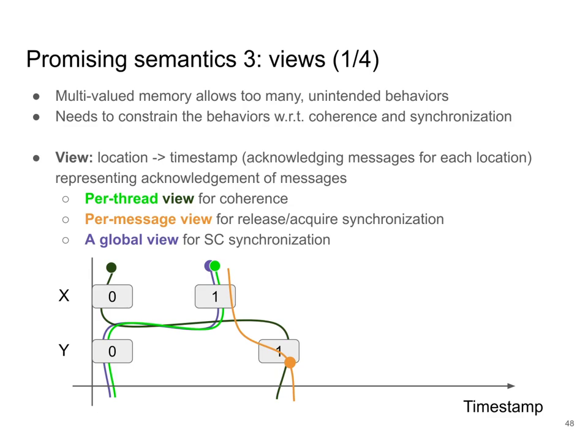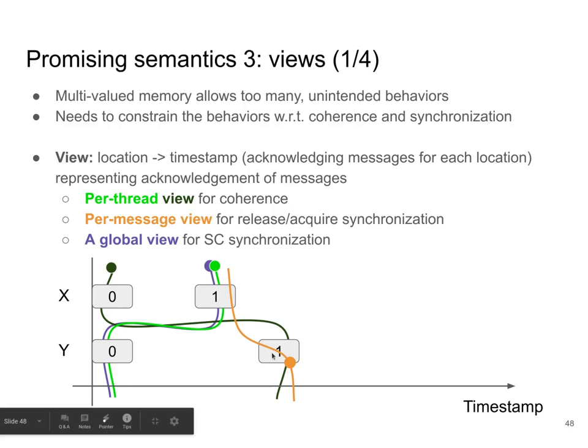And also, there is a different kind of view. The second kind is a per-message view for release-acquire synchronization. In order to model the release-acquire synchronization, we need to somehow transfer the view from a single thread to another thread. So in order to do so, we are annotating a message with a view that is just released from the thread.